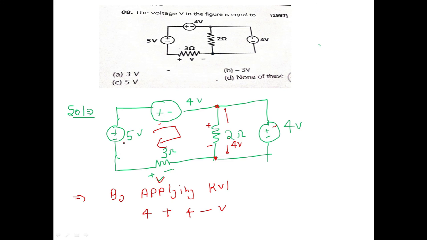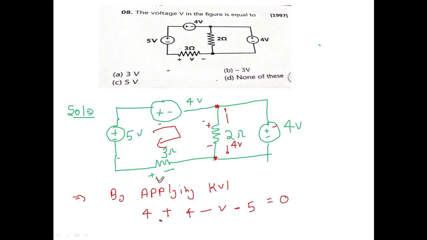Then again negative to positive, negative again arises at the first instant, so we take it as minus 5. One thing you should consider while applying KVL: when the first terminal encountered is negative, you always take it as negative. When the first terminal is positive, we take it as positive. So this is the required equation.